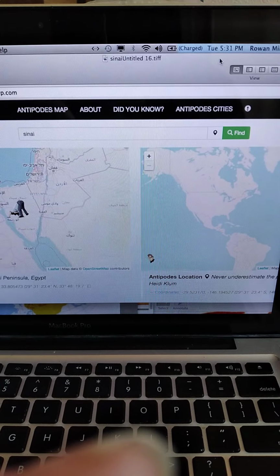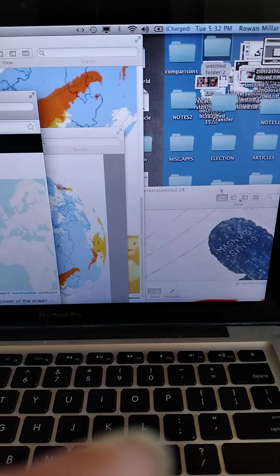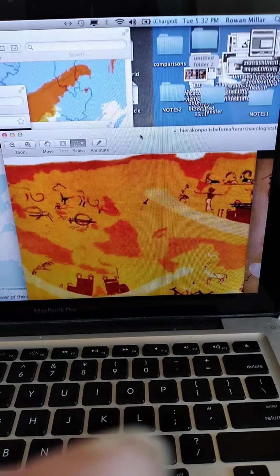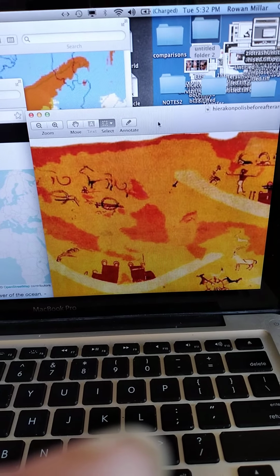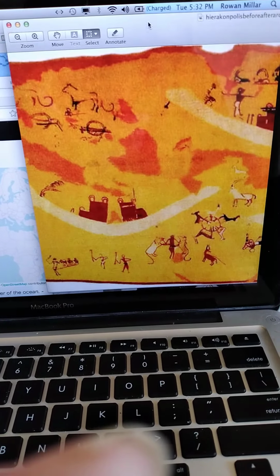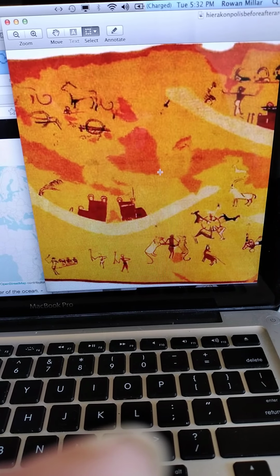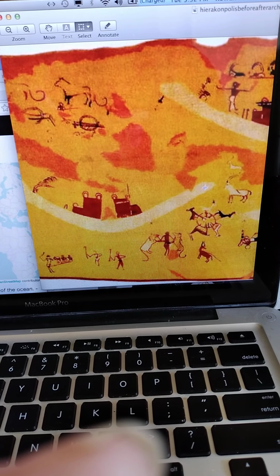And so that would be the Islands of the Blessed, the ancient prime meridian. Let's see. So this is the same map, the 5,500-year-old map from Hierakonpolis Tomb 100. You can see, this is a closer up view.